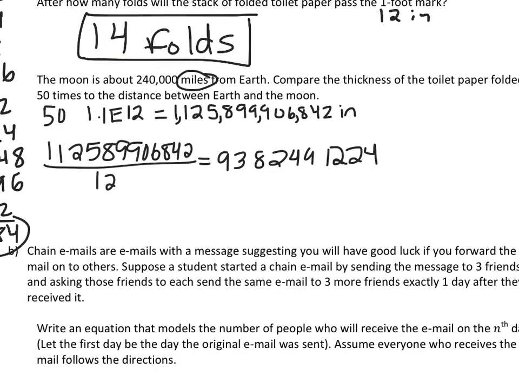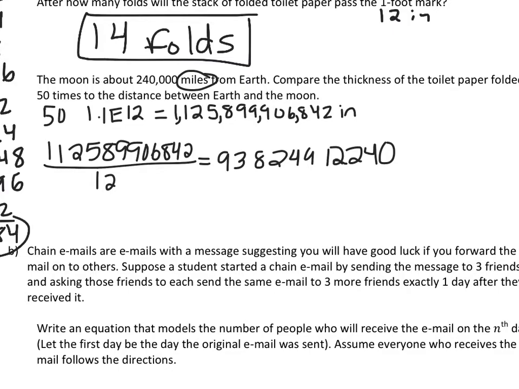Now in the calculator, let me just go there real quick. If we were to type this in, 1, 1, 2, 5, 8, 9, 9, 0, 6, 8, 4, 2 divided by 12, we actually get this number times 10 to the 10th, which means we have an extra digit there.